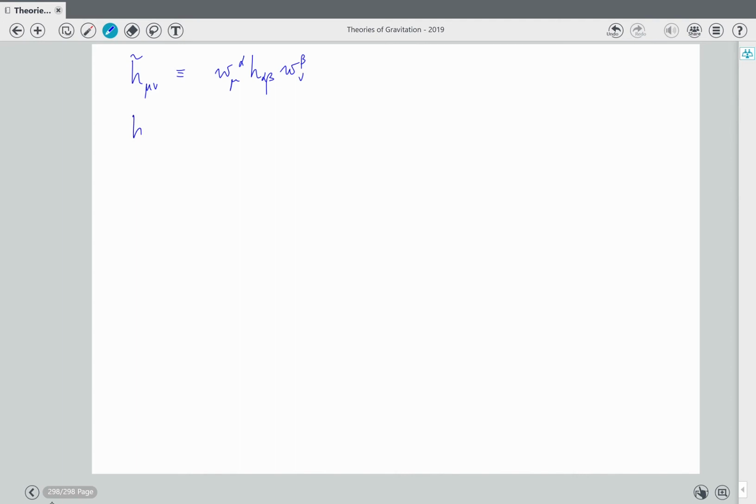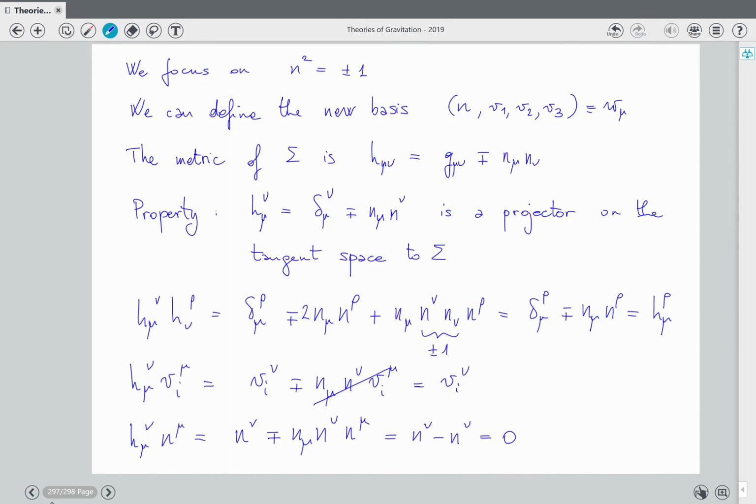If we consider h tilde 0 nu, what do we get? w^0_alpha h^alpha beta w_nu beta. But what is w0? The definition of w. That's the normal.